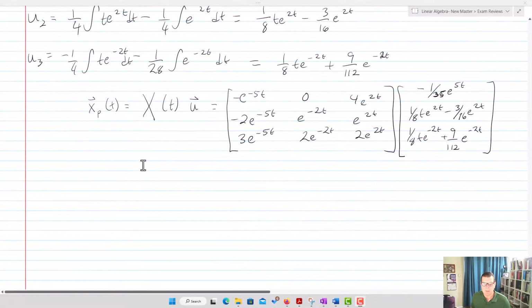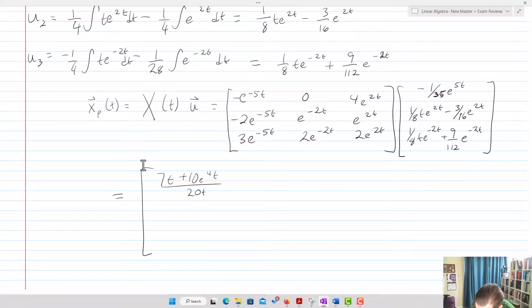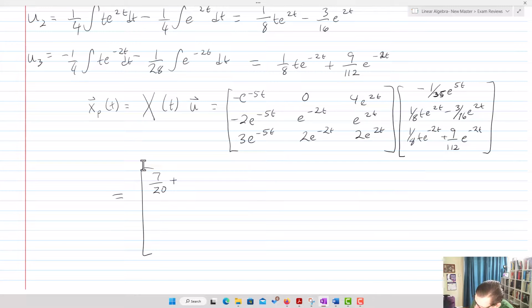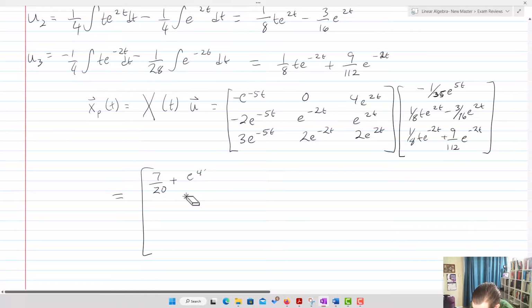When I do this multiplication, I end up with (7t plus 10e^(4t)) over 20t. Or actually we can rewrite this: 7/20 plus 1 or e^(4t) over 2t.